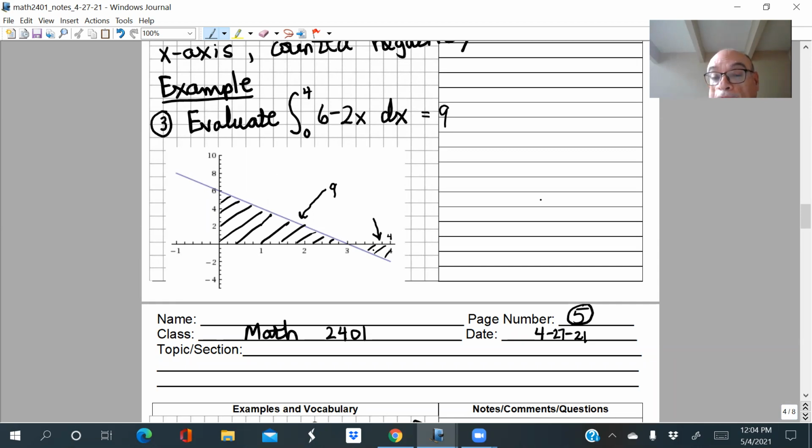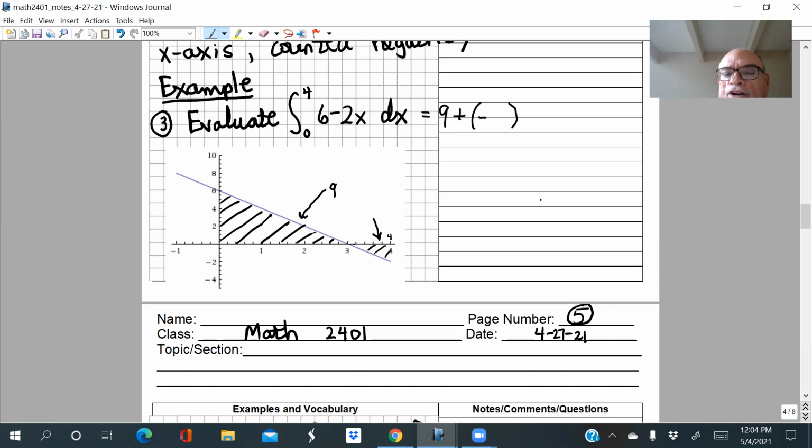And then part of that area is this part below the x-axis. That area is going to be negative because it's below the x-axis. When you add those two pieces together, notice they're going to cancel each other slightly. So you're actually going to end up with a value less than 9. Let's see what this area actually is.